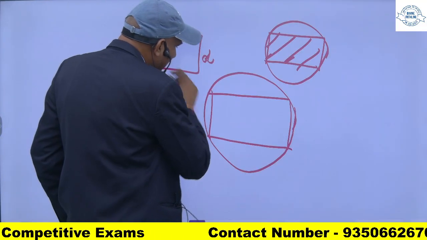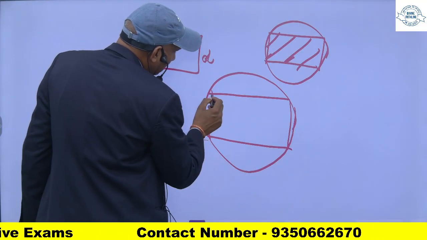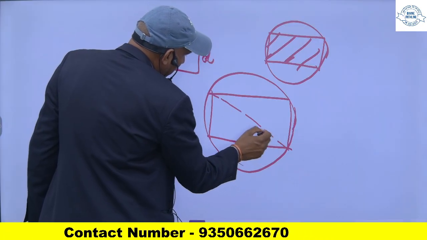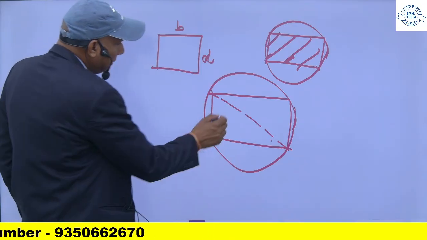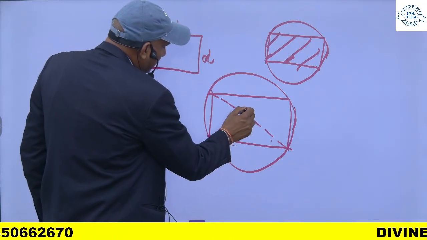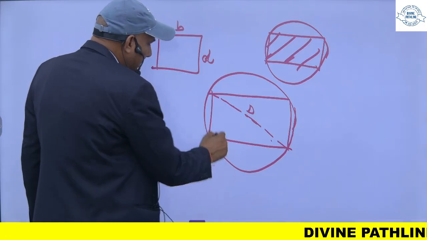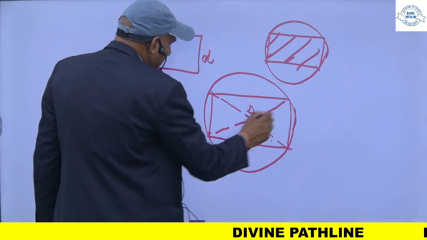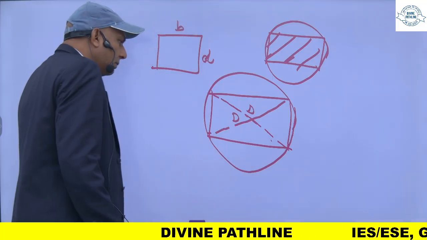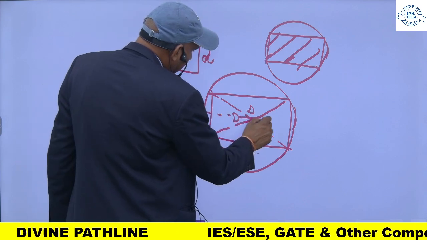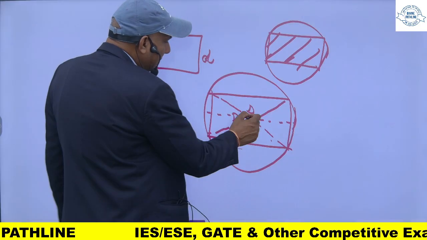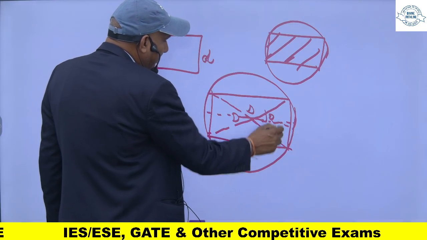This is the diagonal of the beam. This is also D, and this is equal to the diameter of the log. Let's say this angle is theta.